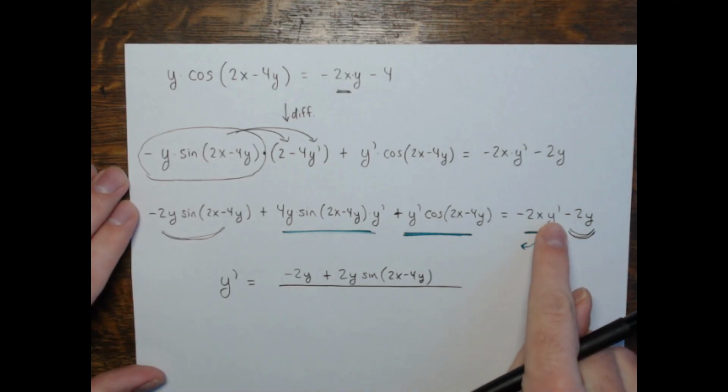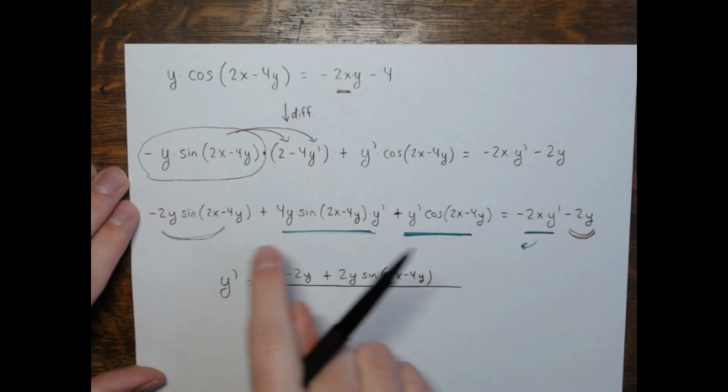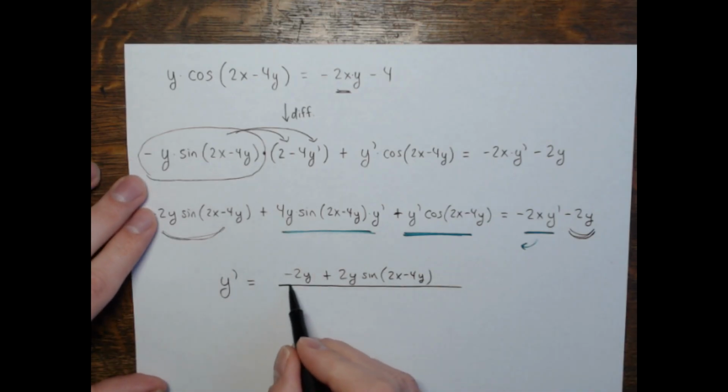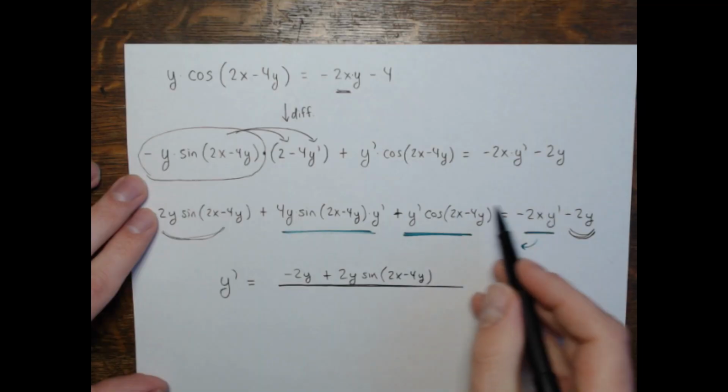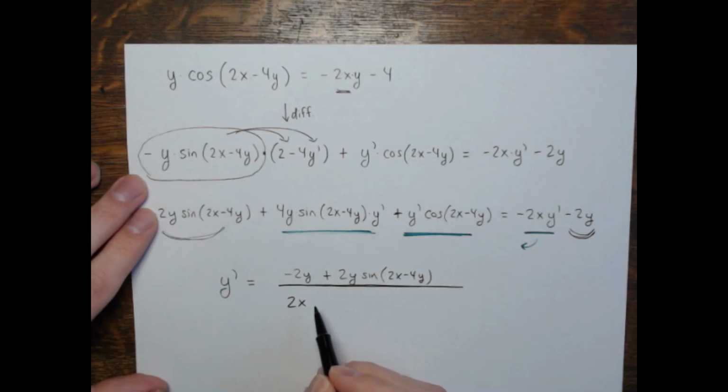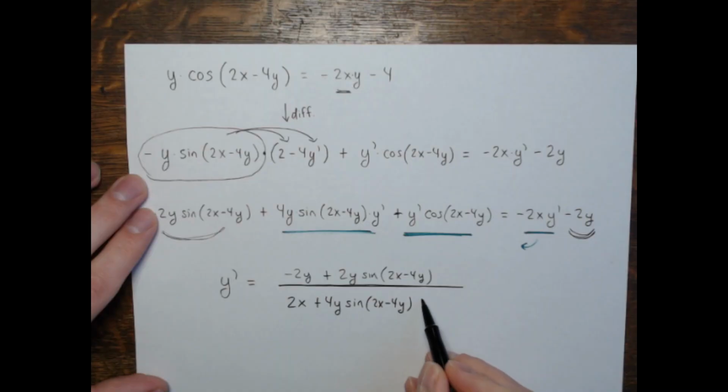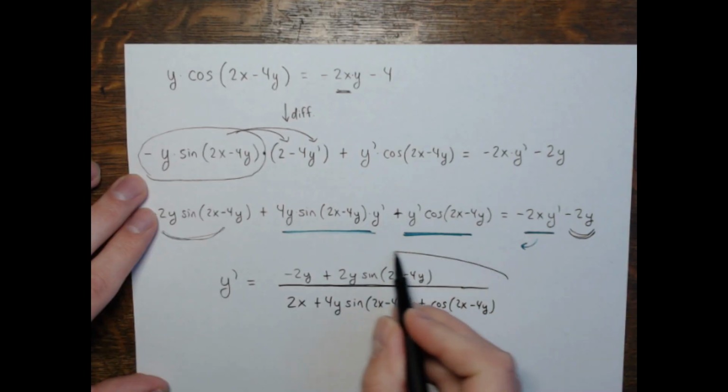And then after adding the 2x y prime, factoring y prime out, and dividing, the denominator here would have positive 2x and plus 4y times the sine of 2x minus 4y, and then plus the cosine of 2x minus 4y, right? And this should be good.